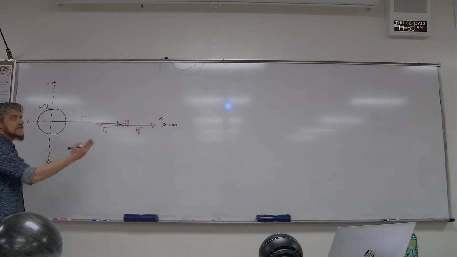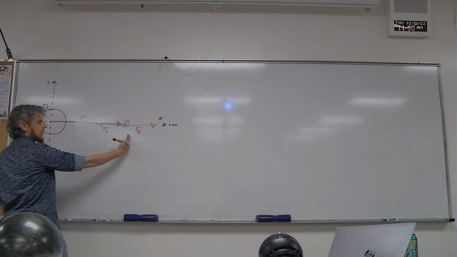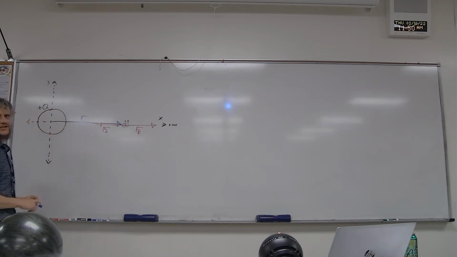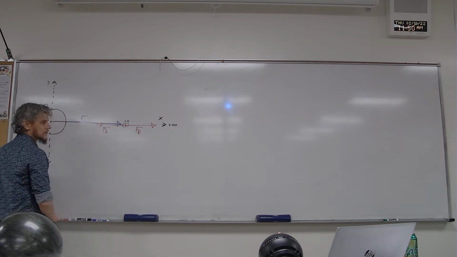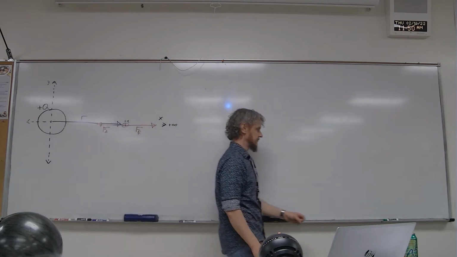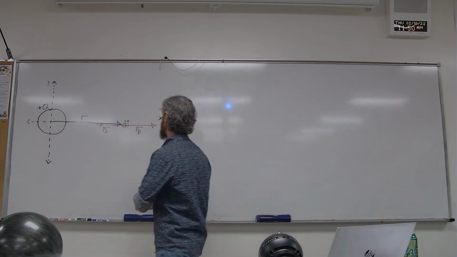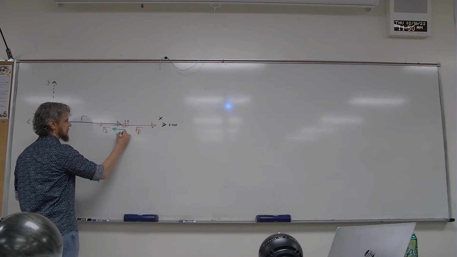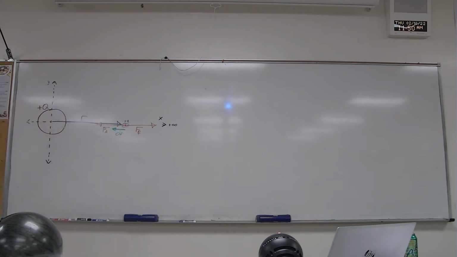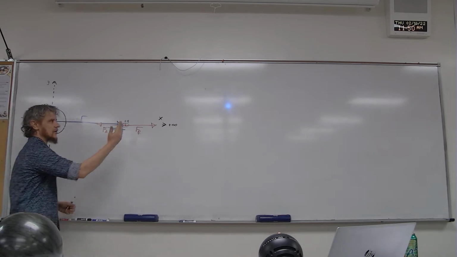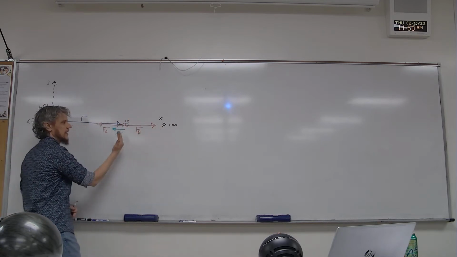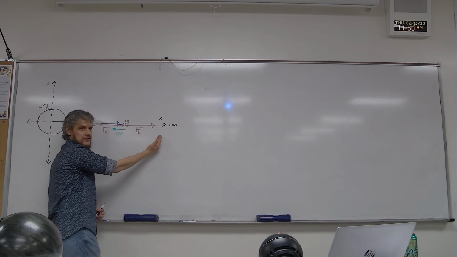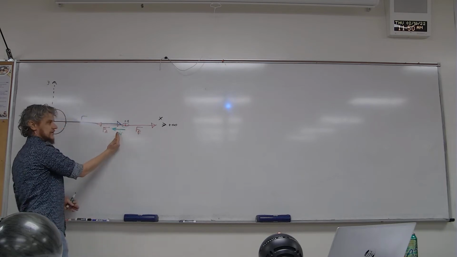And so as I'm moving this object from infinity to position R, this would be position X, but in general it's just R, I would be undergoing small, incremental displacements, and I will call those incremental displacements dr. Because as I go from here to here, this is the final position, this is the initial position.